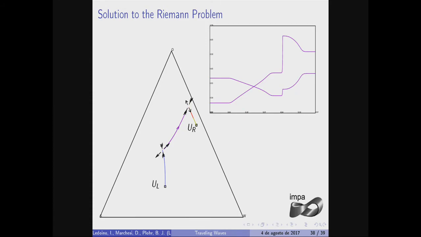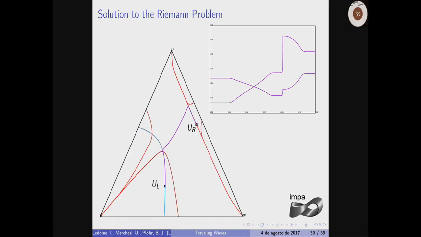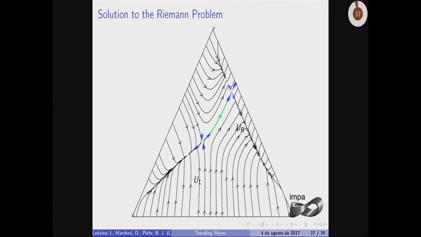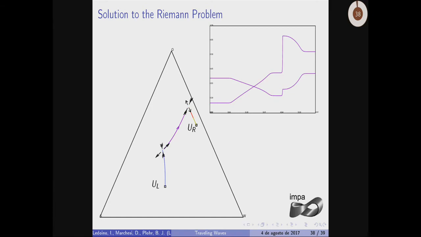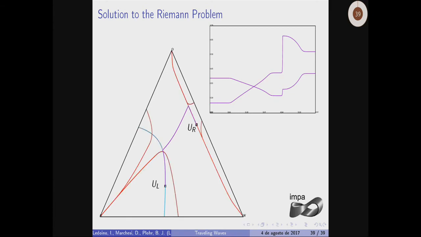Then we have a shock right here corresponding to this transitional connection. And then a rarefaction and a shock corresponding to these two connections here. We can also plot these points, and we check that they go through the same path we had before. Okay, this is all. Thank you.